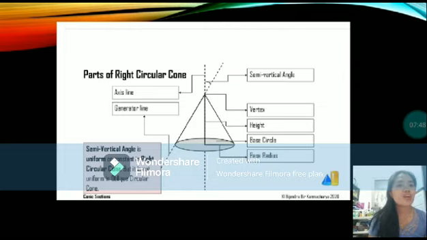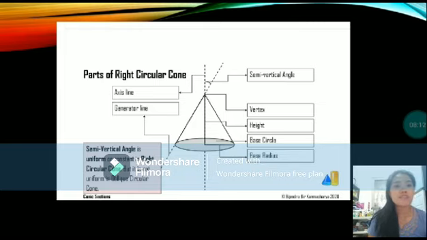So there are parts of the right circular cone. Just familiarize yourself with these parts. You have the axis line and the generator line. You have the semi-vertical angle.